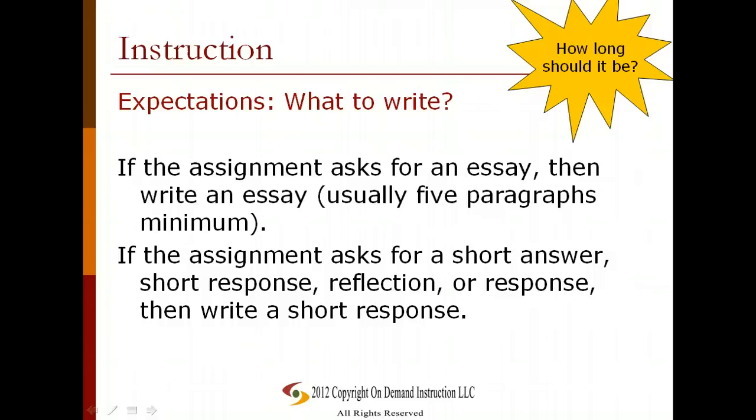If it asks you to write an essay or a story or something else, then that's what you need to do. Your biggest difference here is going to be the difference between an essay and a short answer. An essay is typically a minimum of 5 paragraphs, whereas a short answer, short response, a reflection, an analysis, a response, something along those lines, is going to be the short response, 1 to 3 paragraphs.